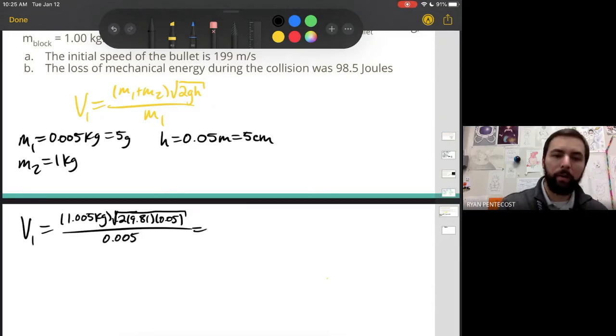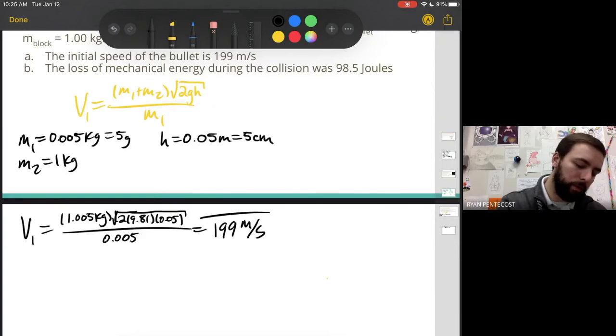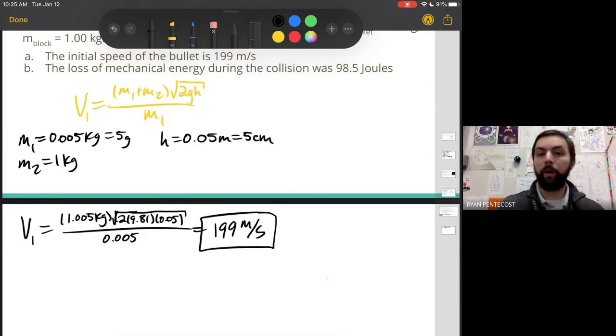Put that in your calculator and you get something along the lines of 199 meters per second. That's right. It is true. Your colleague is correct. You get 199 meters per second.